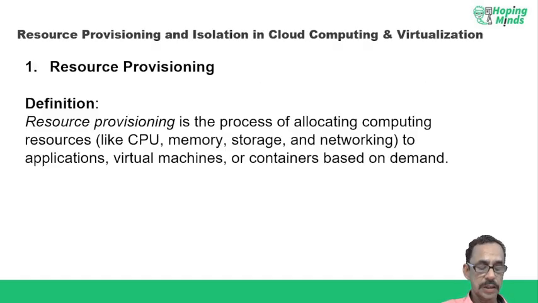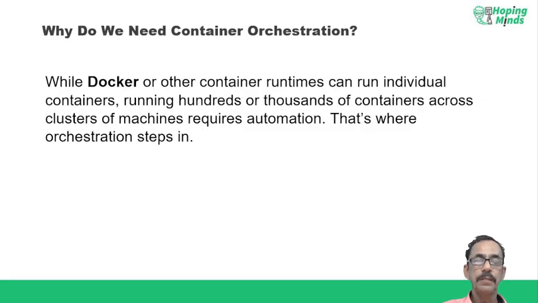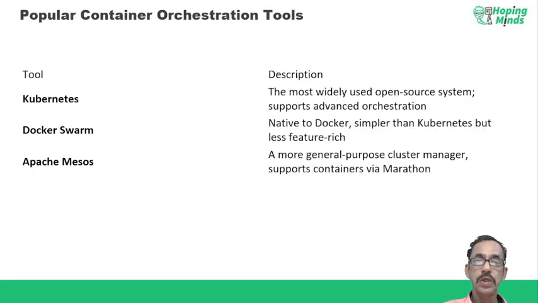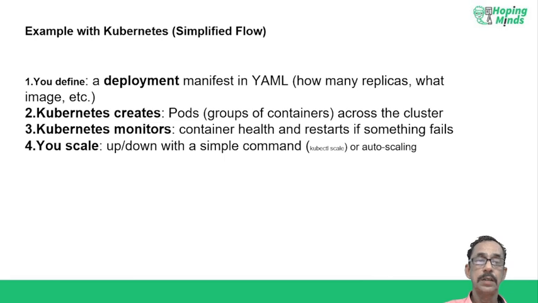So in this particular video, we discussed orchestration, why we need orchestration, and the core features of orchestration. The tools we have already discussed, and I have given one example also. What is the total process?